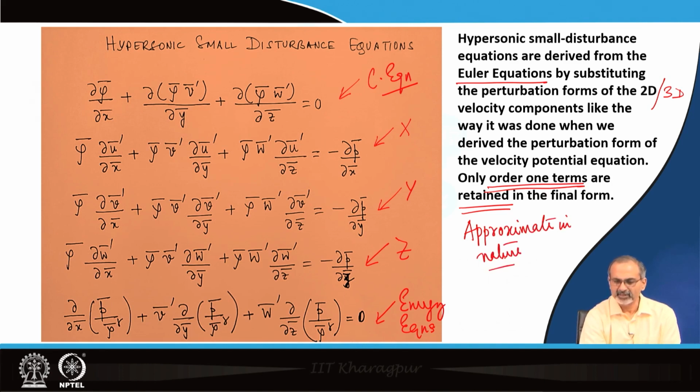So, beginning from the Euler equation, we try to figure out how each one of the terms in the Euler equation, the continuity, the momentum, the energy, work out for a hypersonic small disturbance situation, and we find that some of the terms are very small, and those are the ones which are dropped, they are not retained in this form.